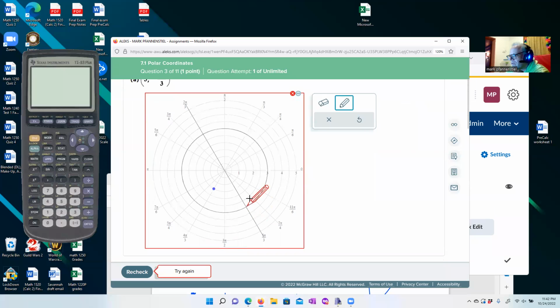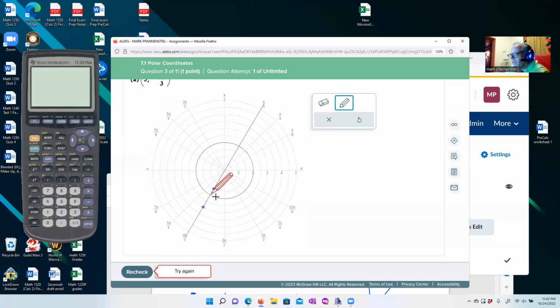Okay, -2/3. So there's 1/3 down. So there's -1/3, and then there's -2/3. Okay, and we want to go into 1, 2, 3. That's the point I really wanted. Okay, let's erase that one.